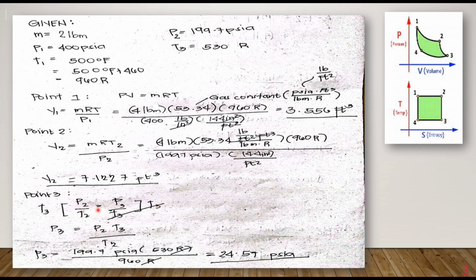So the remaining variable is P3 is equal to P2 times T3 over T2. And then we substitute the given values. So we have P3 is equal to 199.7 psia times 530 R over 960 R. Cancel the same unit, so we get P3 is equal to 24.57 psia.